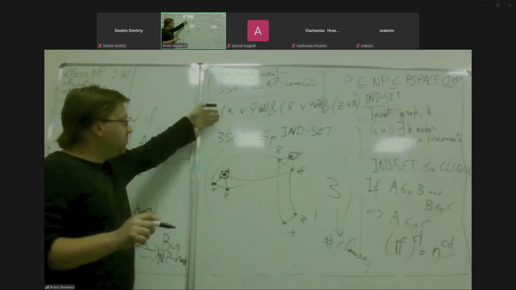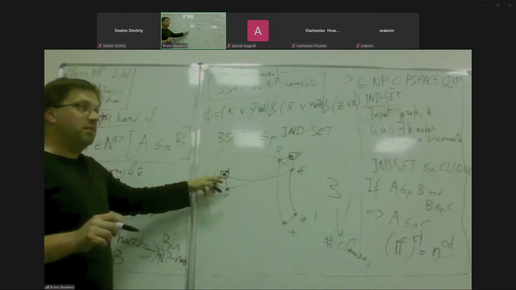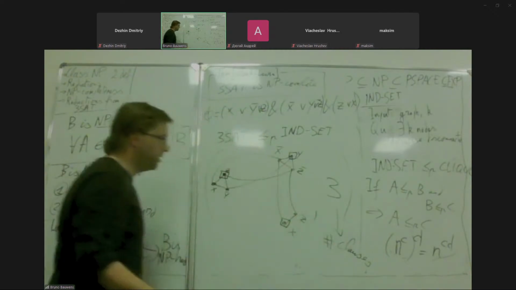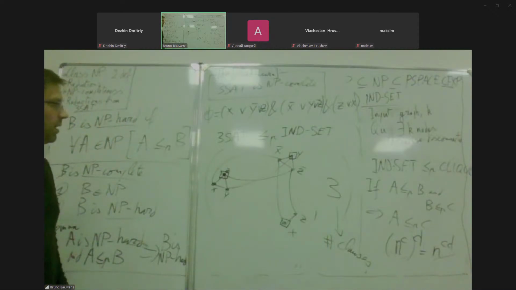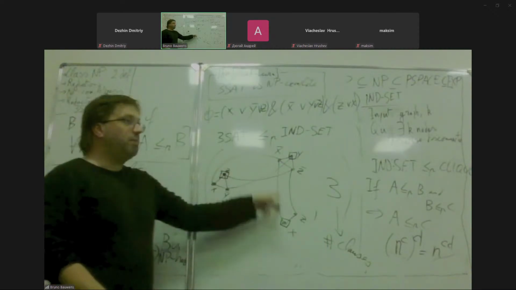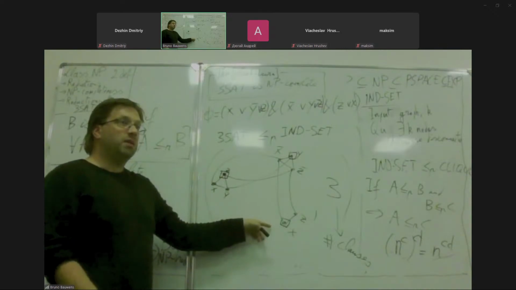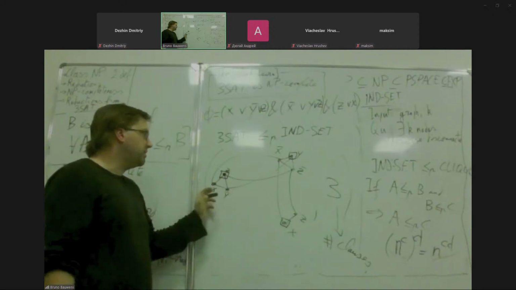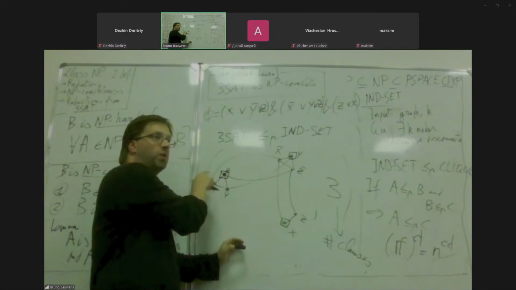So given this assignment, we can find the independent set: just pick a literal that's true, and in our case, we just pick the positive one. And I claim that this is an independent set, because in an assignment we never have 2 opposite literals, so they cannot be connected by an edge, and in each clause we chose one literal.